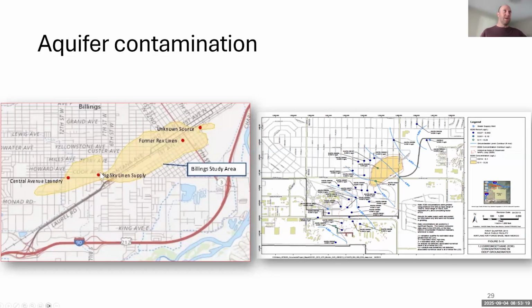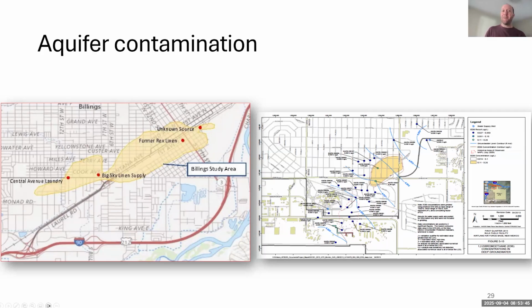A bunch of historic dry cleaners at these red dots were just dumping their dry cleaning chemicals down in the alley, and now it's created a big toxic plume underneath downtown in a big part of the city. Of course, that's a big concern for people who live around it, and so good thing we get our water from the river instead.